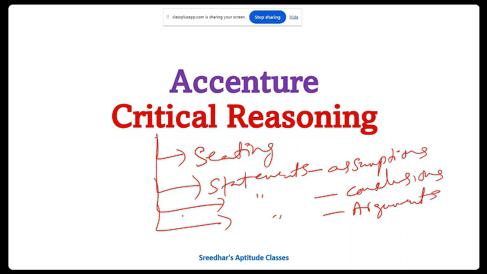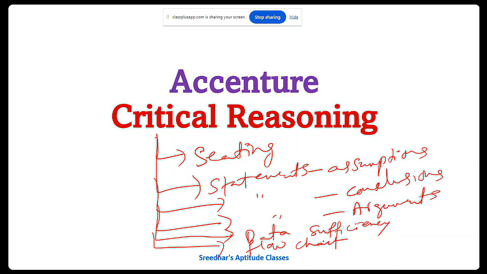So majorly, critical reasoning, and we have a few data sufficiency questions also, one or two. At the same time we have a few flow chart questions, like algorithm flow chart questions. So these are the main sections when it comes to critical reasoning.